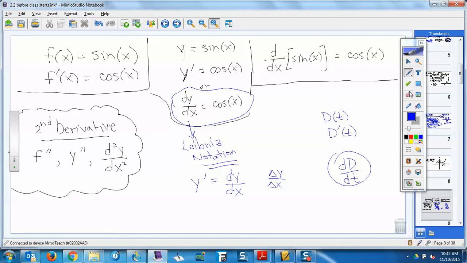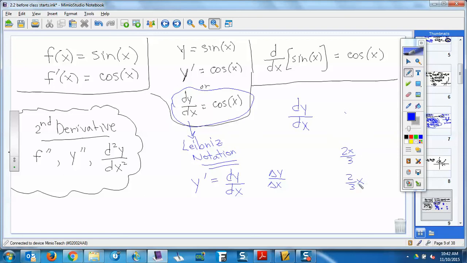And really, where that comes from, if you think about why that is, it's kind of like doing this. If I think about dy over dx, and you know how in fractions, like if I have 2x over 3, you know how you can take that x and put it out in front and write that as 2/3 x like that?